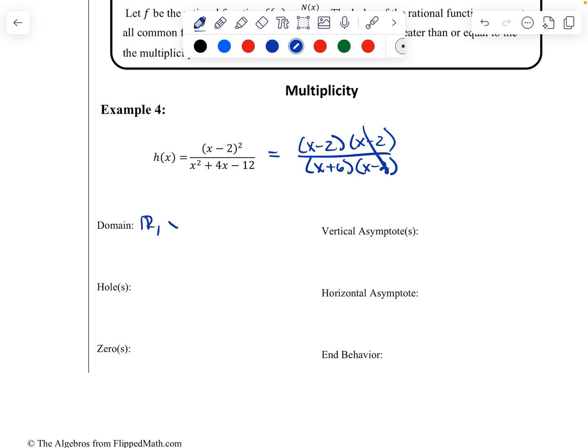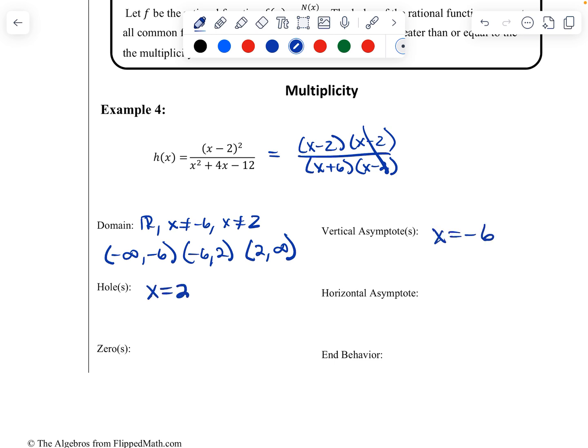So we could say all reals, x can't be negative 6, x can't be 2. Otherwise, we could say negative infinity to negative 6, negative 6 to 2, and then 2 to infinity. Our vertical asymptote is at negative 6. We know there's a hole at 2.